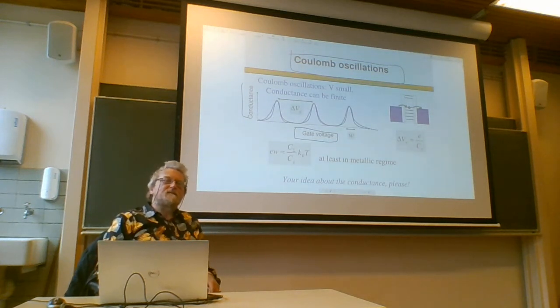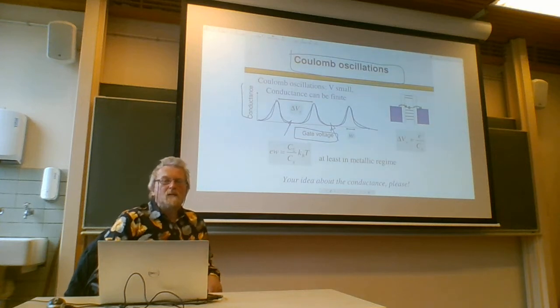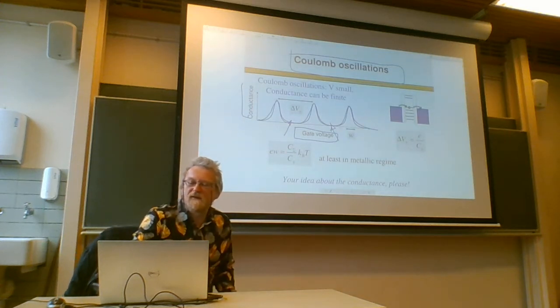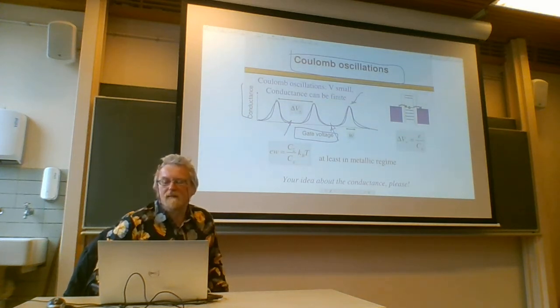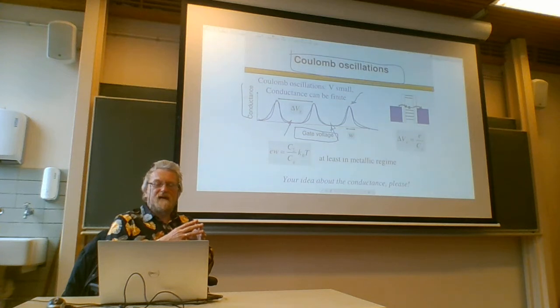Why is it so? Conductance is zero in these domains because we are within the diamond. When we come to the point when two diamonds cross, the energy we have to pay to overcome Coulomb blockade becomes very small, and we can do this with the voltage available.